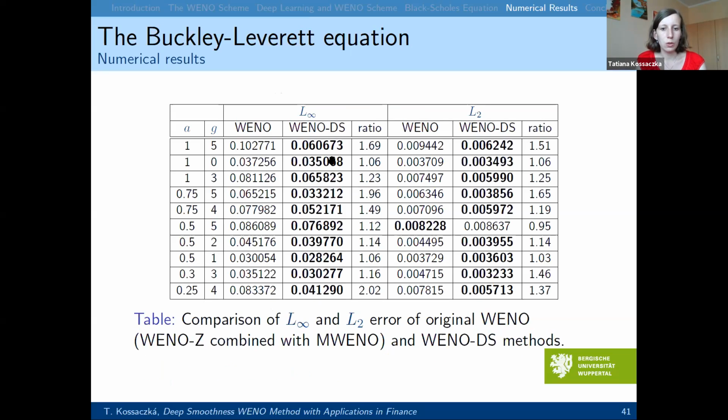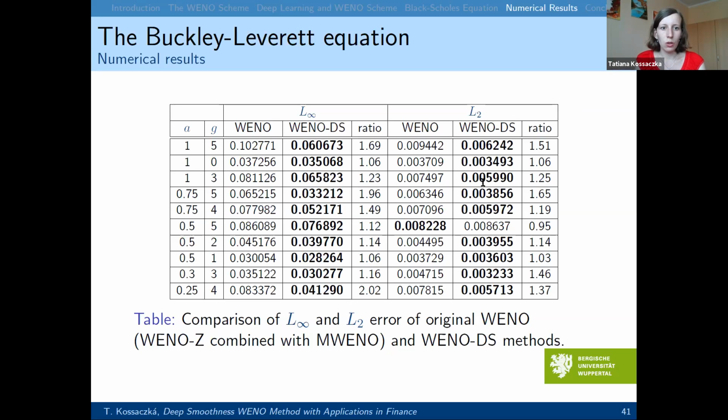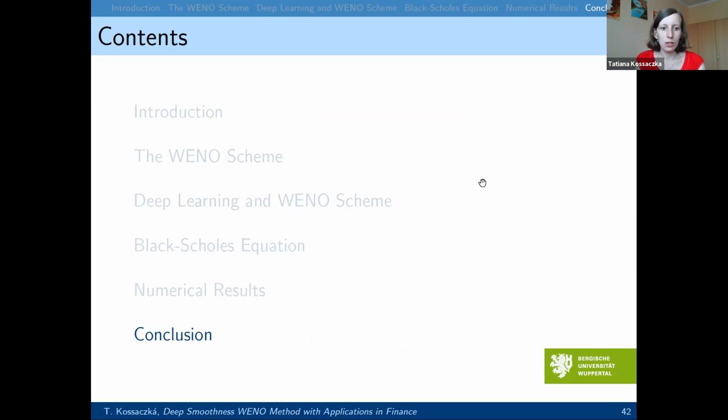And also if we look at errors, for some randomly generated parameters, these are the parameters from our test set, we can see that our method produces small error in almost all of the cases. Yes. So that's actually all from the numerical results.